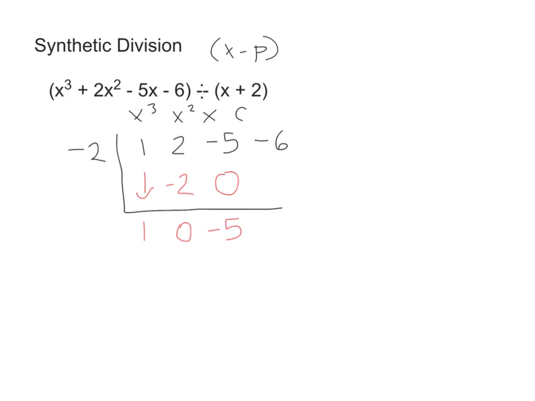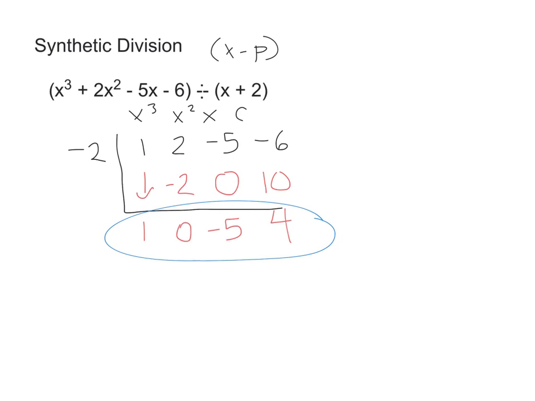Negative 2 times negative 5 is 10. Add those together, so that's 4. And then we're done. So it's multiplying then adding the whole way across. And then we get our answer from down here.